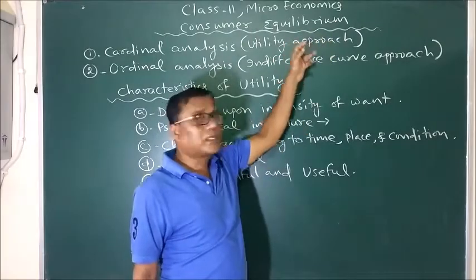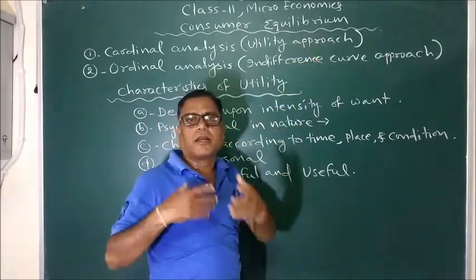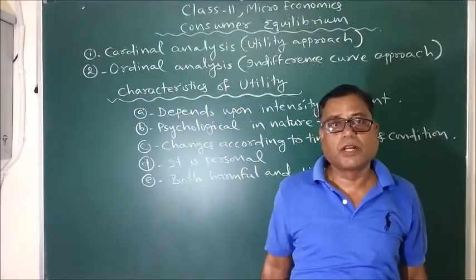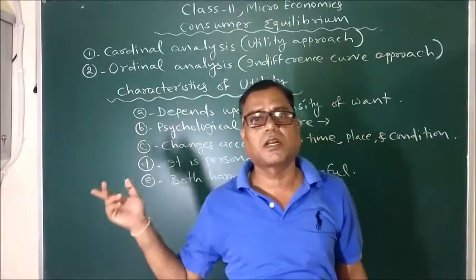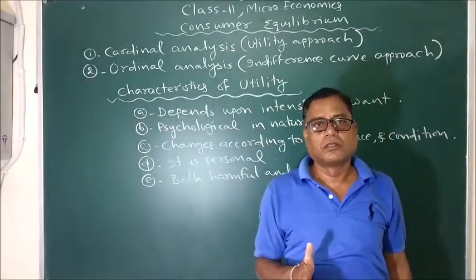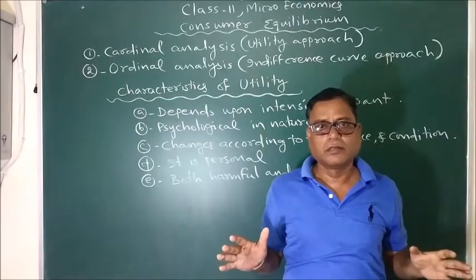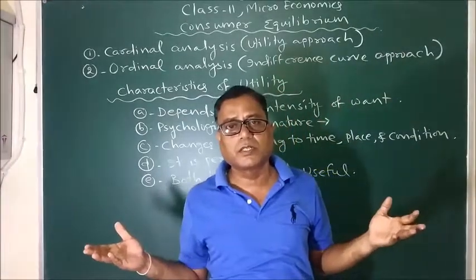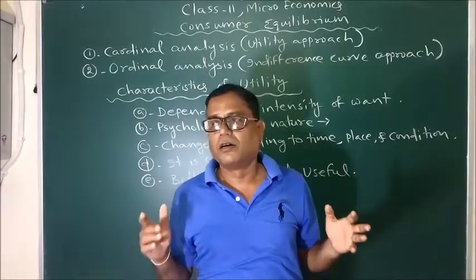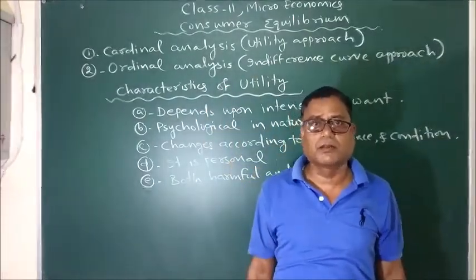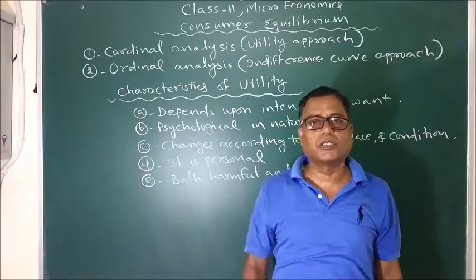Before discussing this chapter, I would like to remind you of some topics and concepts that we have already discussed in our previous classes, like human wants, that are unlimited, and why human wants different goods and services, because he or she wants to derive satisfaction by consuming those goods and services.